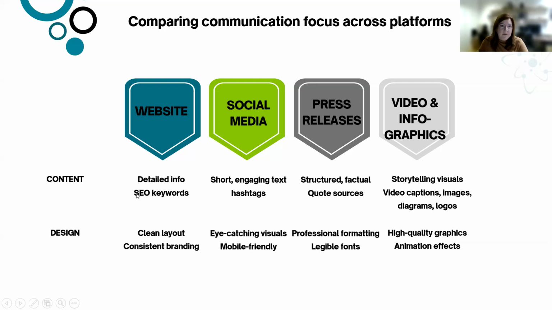And what is important here in the content is that you keep an eye on using SEO keywords. Those are the keywords that internet browsers use when people search for some kind of content. So if you put appropriate keywords in your website, then the reader will definitely find you and the information you have.